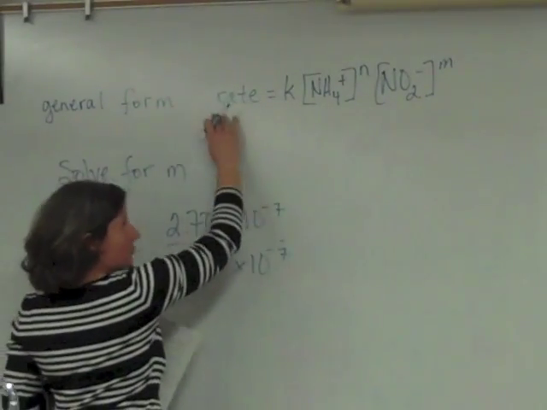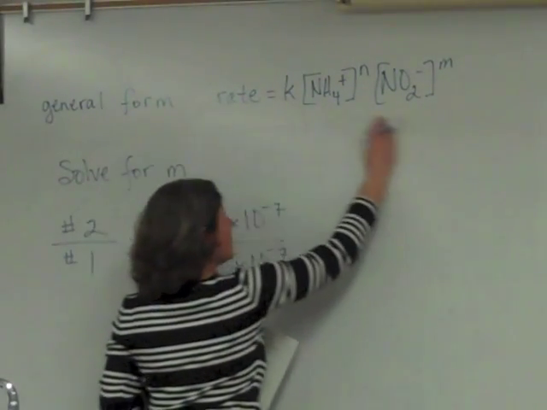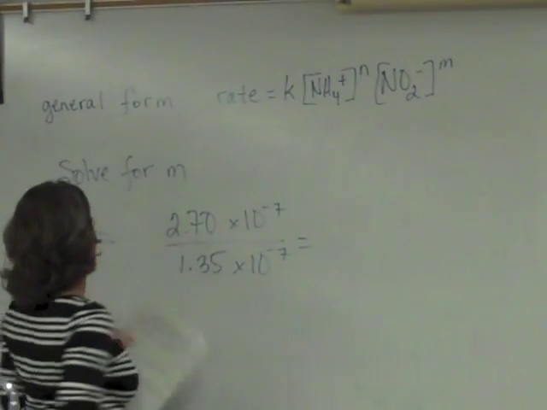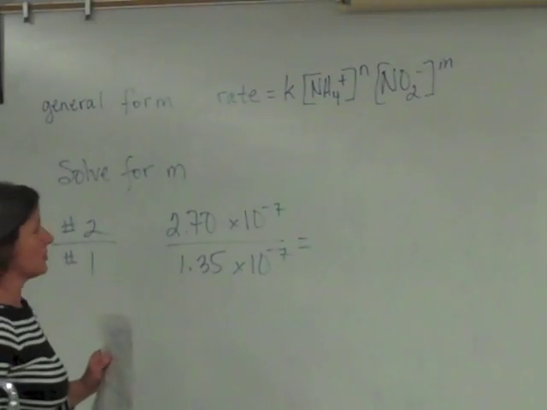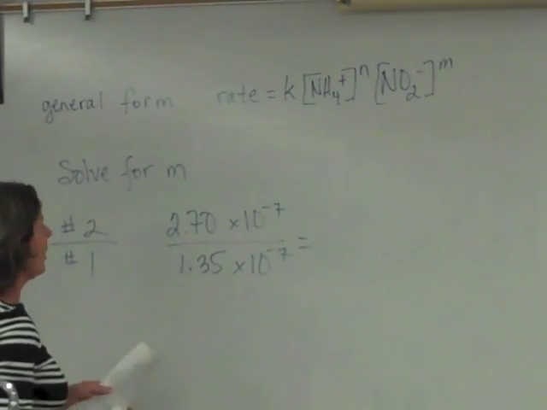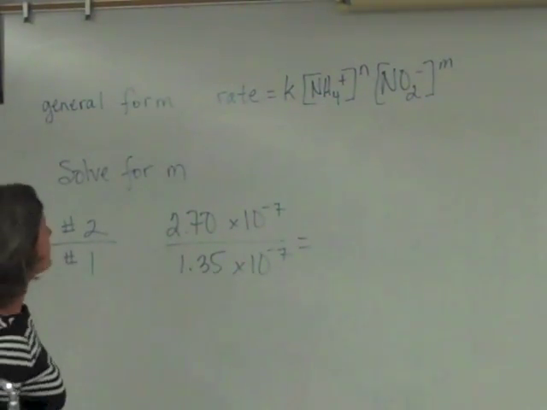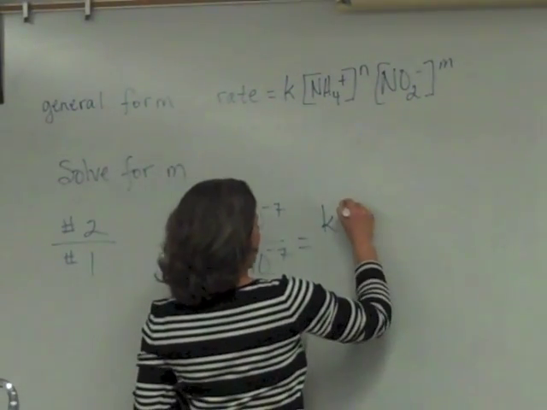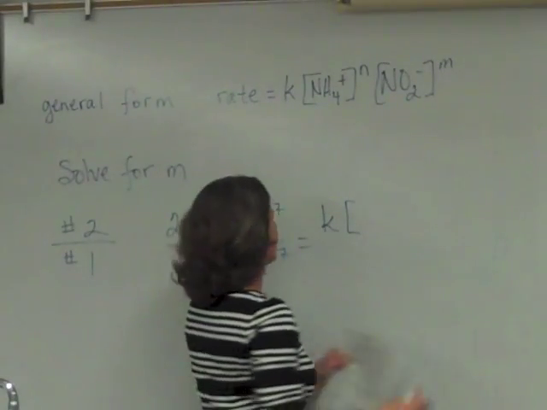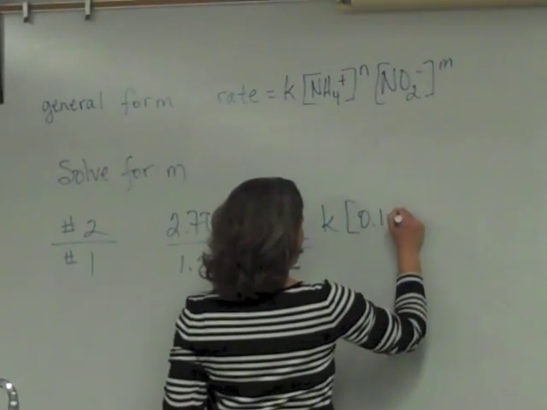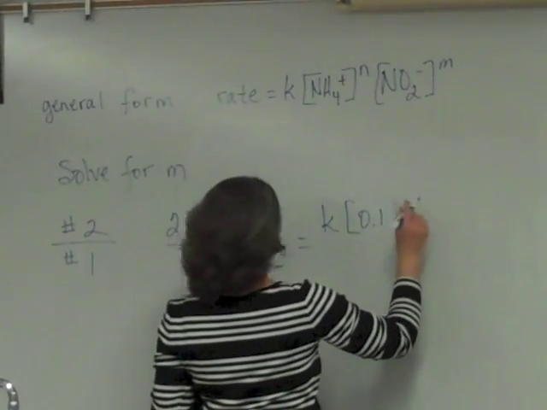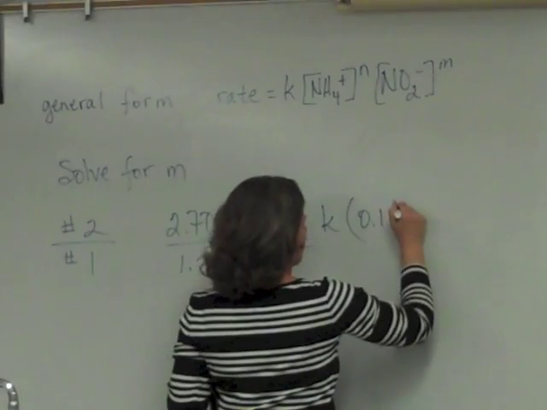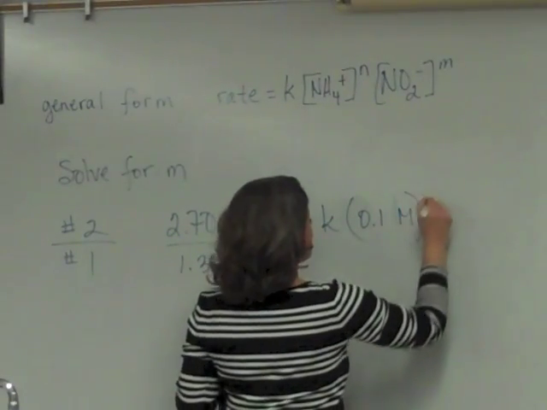Okay, and I'm going to do this down here, and I'm going to take away that equal sign because you really don't need it. It's just going to confuse us. Now I'm going to fill in everything for experiment number 2, and that is k, and my ammonium concentration in that case was 0.1 molar to the nth.